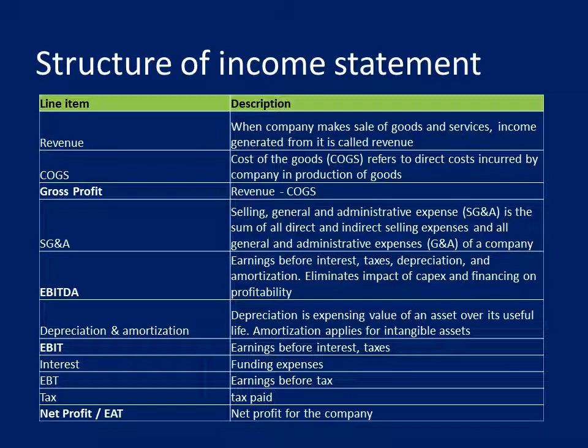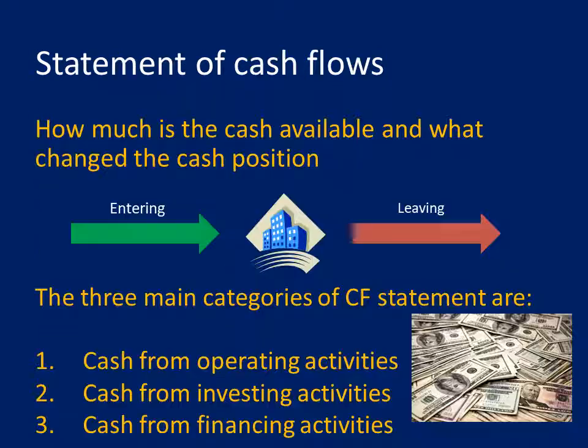SG&A are the selling and administrative expenses which are not directly related to the production of the goods but still are very much essential for the business. We get EBITDA after its deduction, and similarly when we remove the depreciation and amortization we get the EBIT, which is earnings before interest and taxes. Similarly, when we remove the interest and the taxes we get the earnings or the net profits for the company.